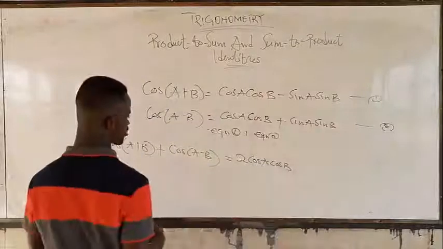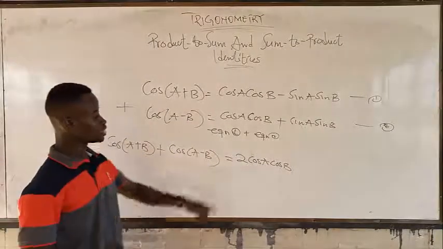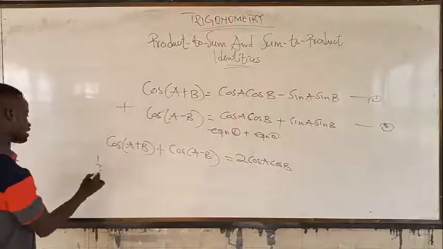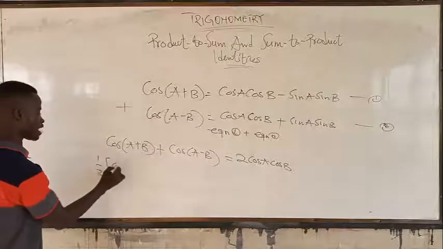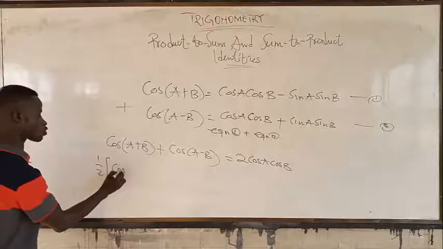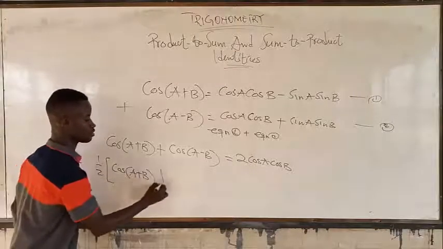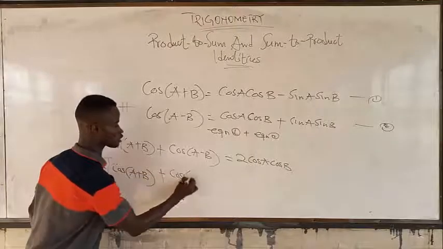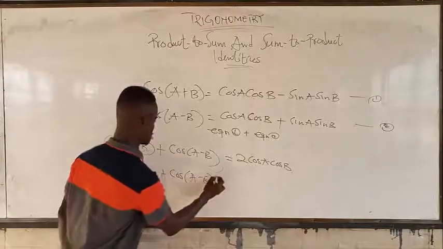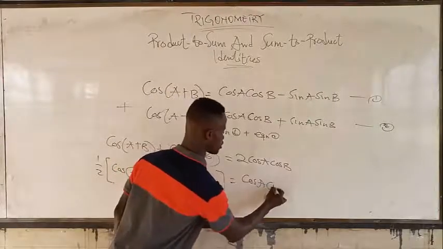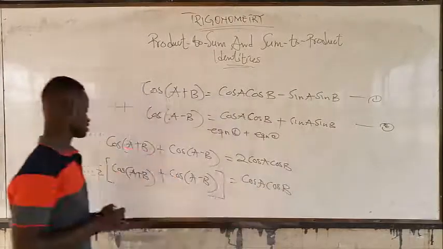When you make it the subject, that means we need to get rid of the 2, so we multiply both sides by half. You are going to get half of cos A plus B plus cos A minus B, which is equal to cos A cos B.